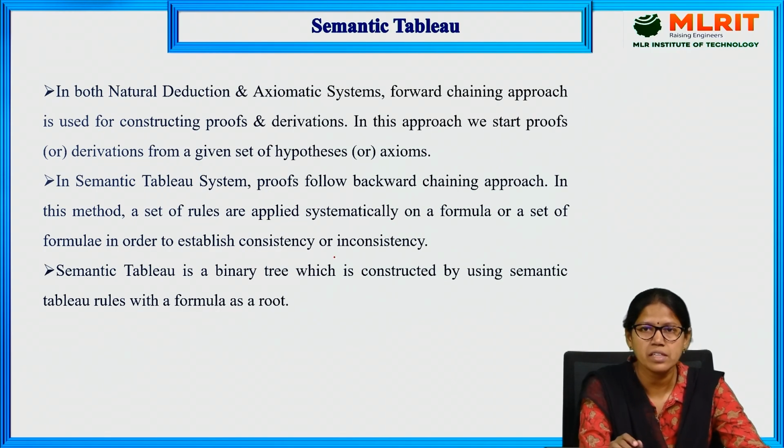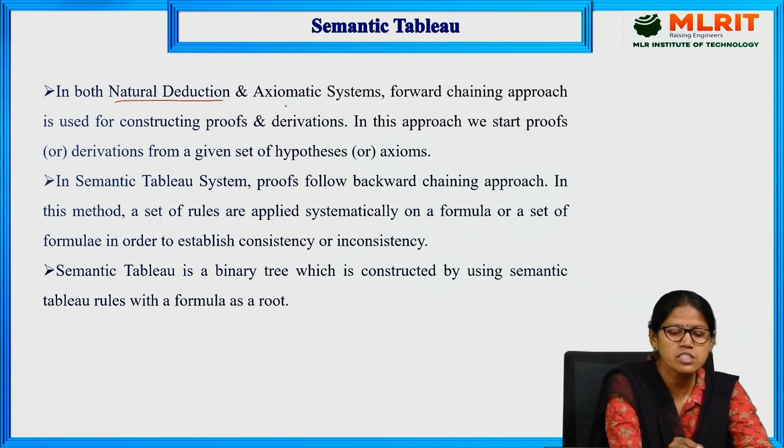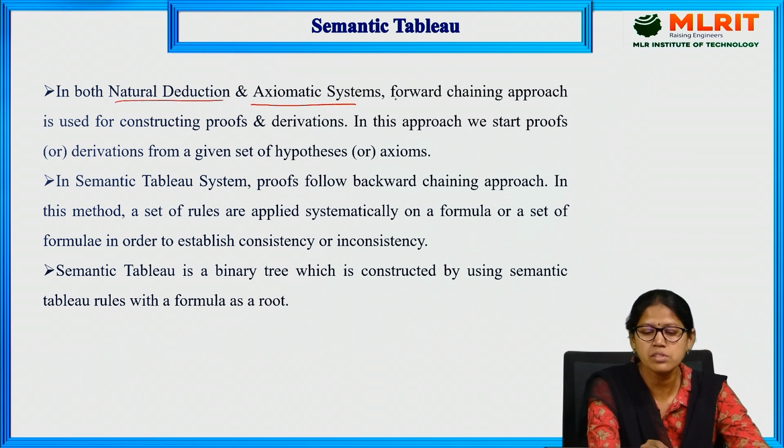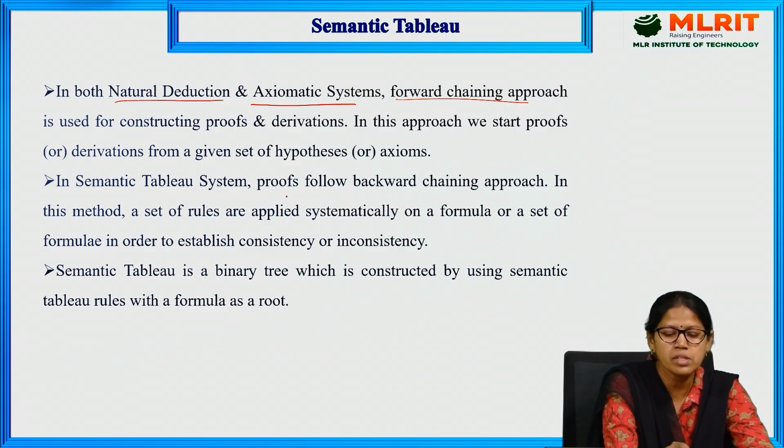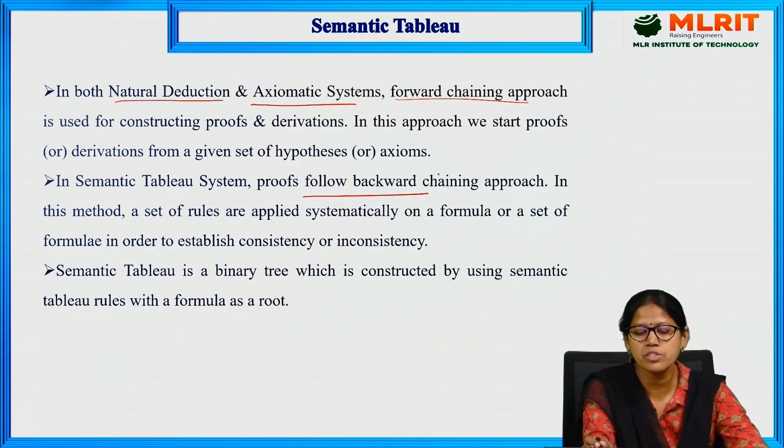Let's see the semantic tableau method. In the natural deduction system and axiomatic system, we used the forward chaining approach, which means we started from the given hypothesis and drew the conclusion. But in the semantic tableau method, we follow the backward chaining approach.